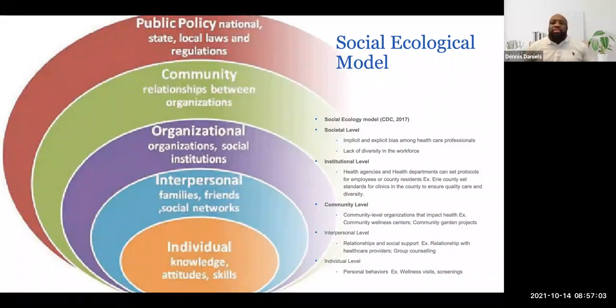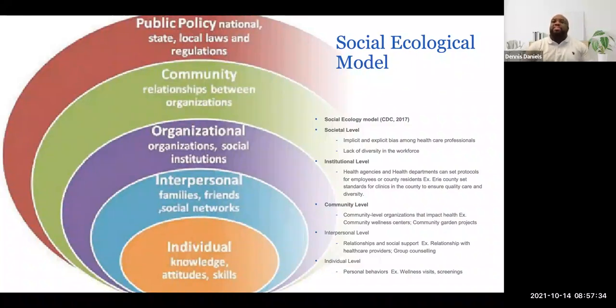When we look at institutional levels, we look at what agencies and health departments can do to provide change. For example, setting protocols for employees and county residents as it relates to their practice or their standards in engagement with patients, perhaps an assurance of diversity and quality care among underrepresented demographic groups, in addition to majority population patients, can provide change.